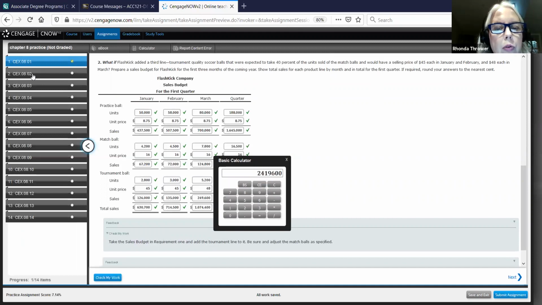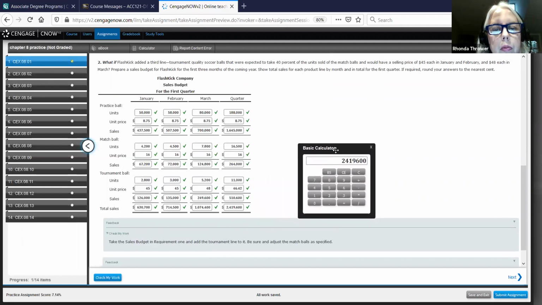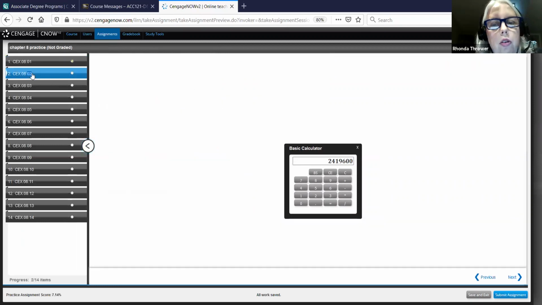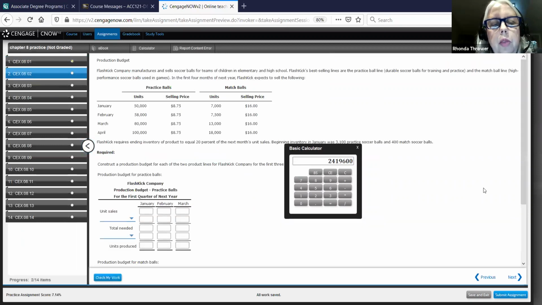So I'm going to move on to exercise 2. Move that out of the way so you can see this for just a minute. And then we're moving on to exercise 2. And so you should see the information again from the production budget is for Flash Kick.